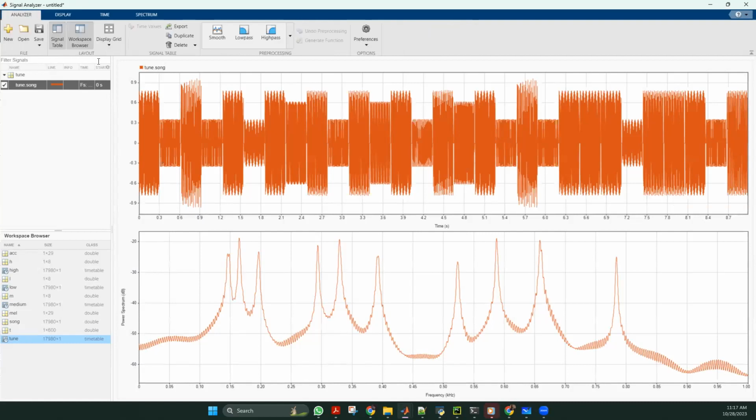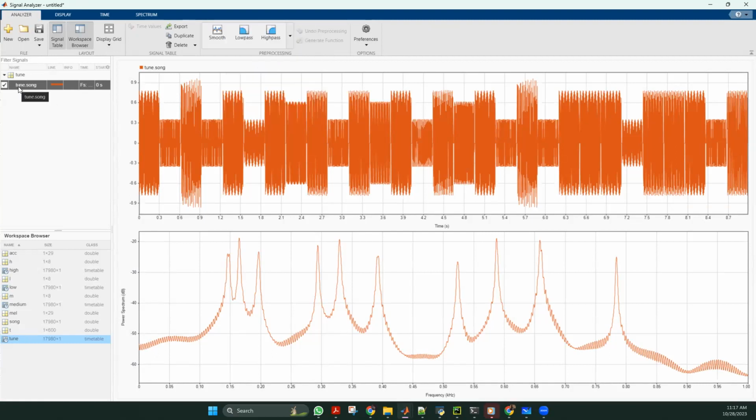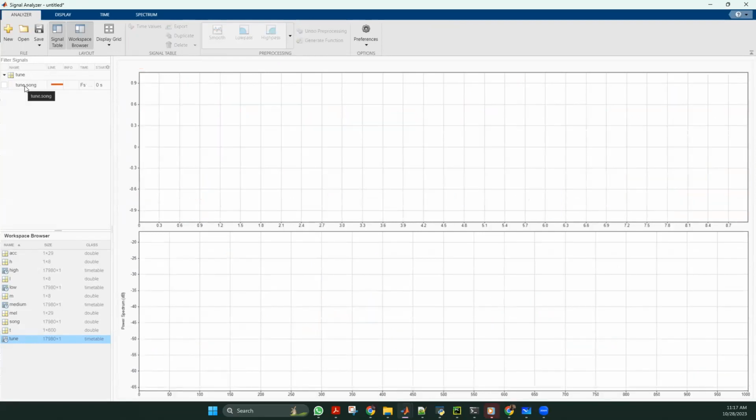I can go to the analyzer, and in there we have different filter options available, like low pass filter, high pass filter, band pass filter, band stop filters, resample, detrend, envelope. Likewise, there are several functions. What I will do is remove this plot for the moment. I will create duplicates of this, and I will create 3 duplicates.